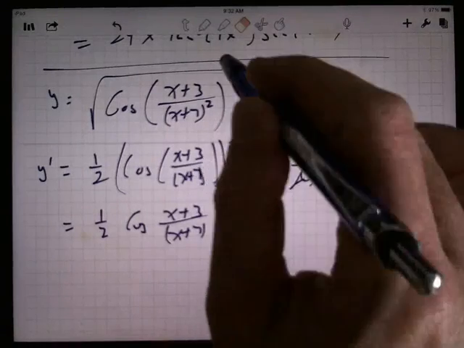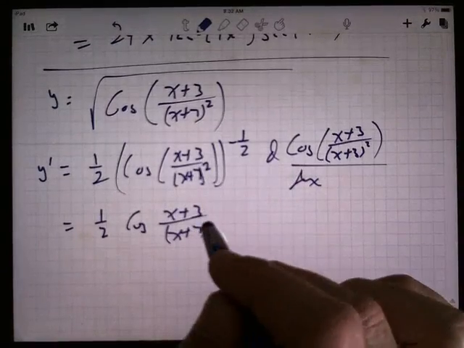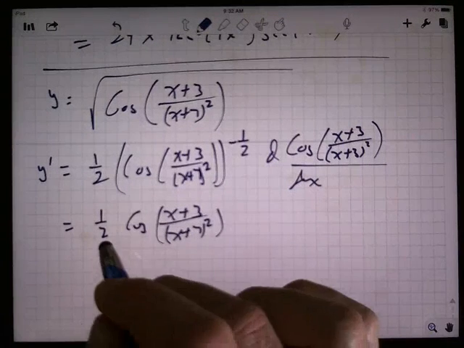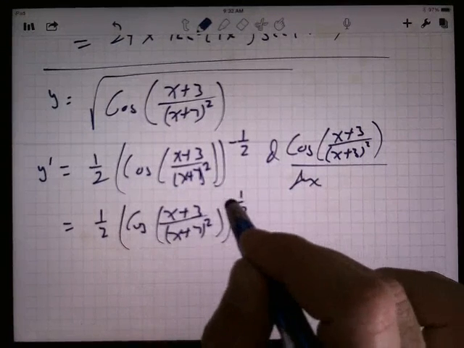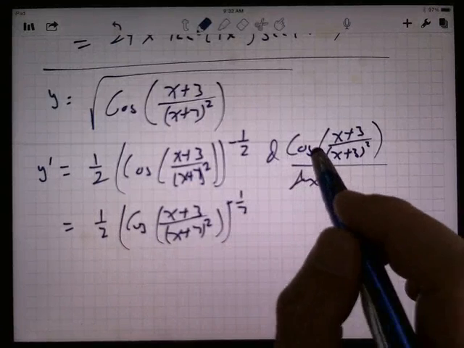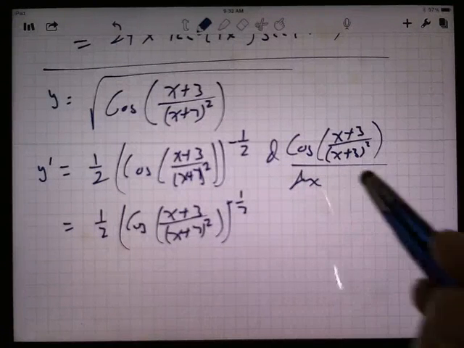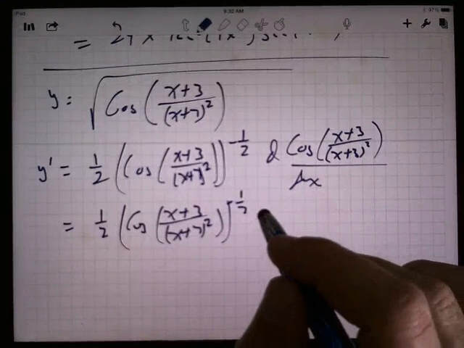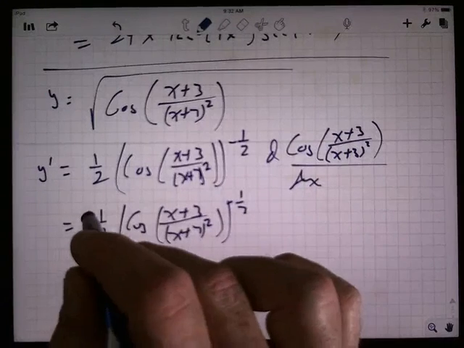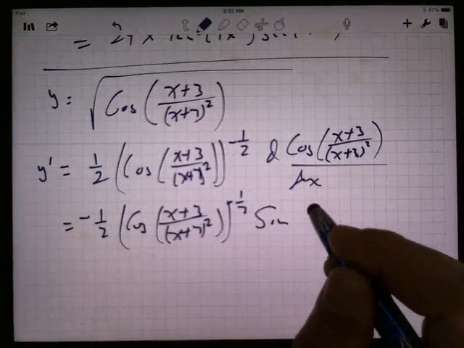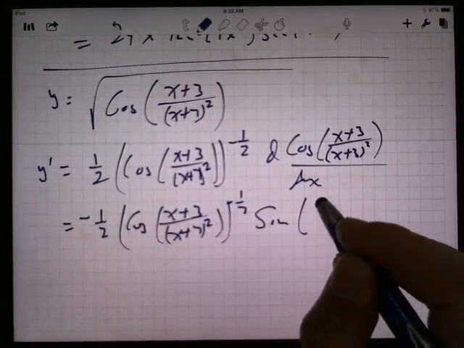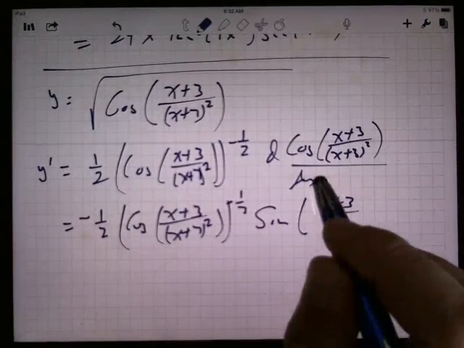Please make it a squared. There we go. And now I'm looking at the derivative of the cosine of something. Well, the derivative of the cosine of something is minus the sine of that same something, right?